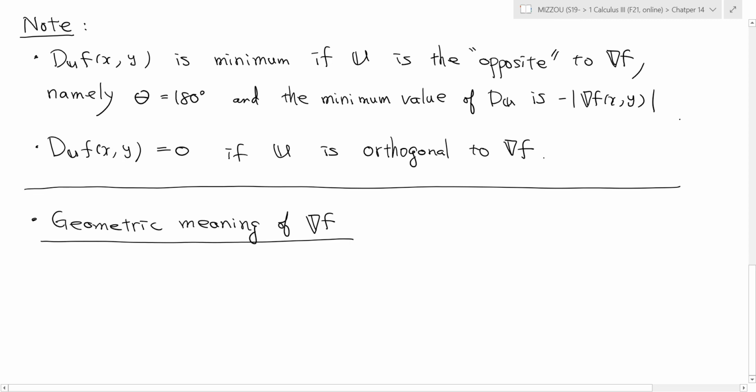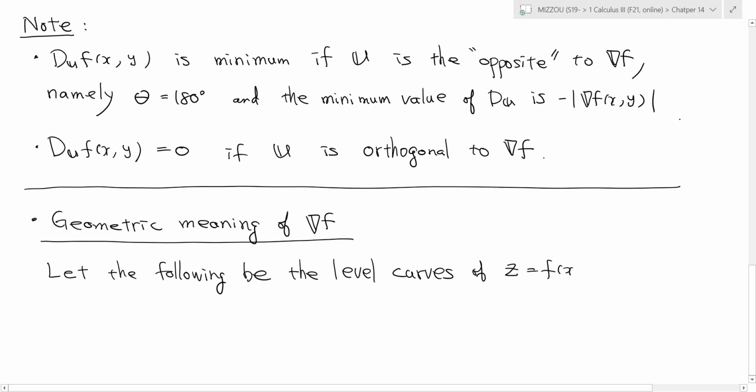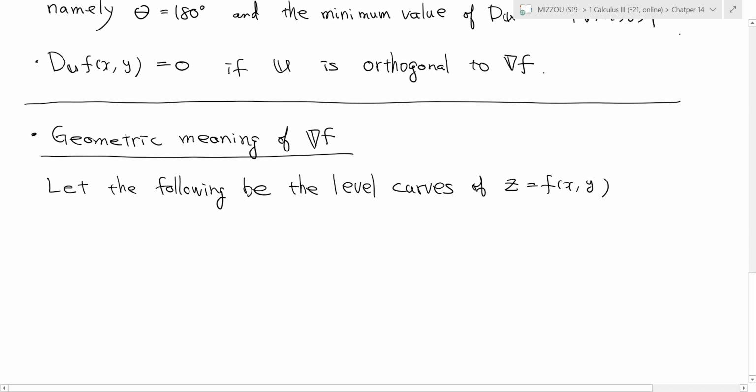So let's remember the concept of level curves. Let the following be the level curves of z is equal to f of x, y. So remember, level curves are like a mountain on the map.